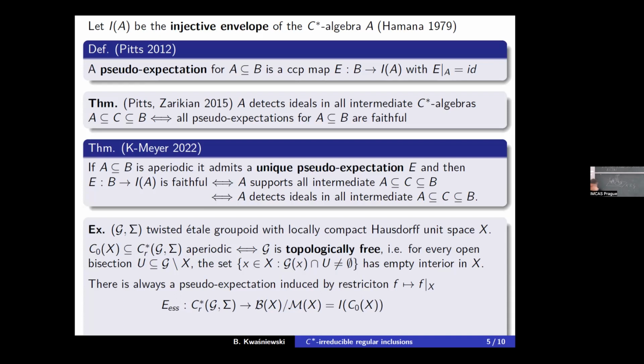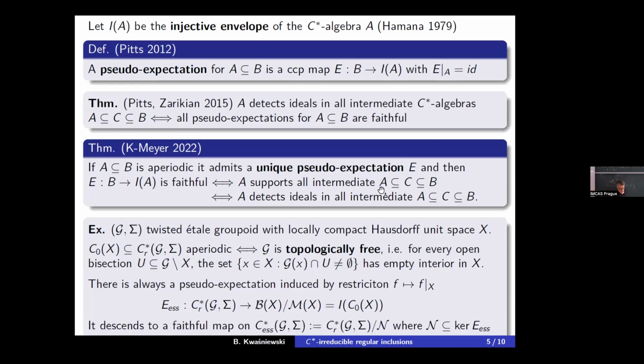So this was, I think, recognized by several people. So we always have this pseudo-expectation, and we have these nice properties, but only if the pseudo-expectation is faithful. Unfortunately, it is not always faithful. When the groupoid G is Hausdorff, it is faithful because we don't need to mod out by anything, since we land in continuous functions.